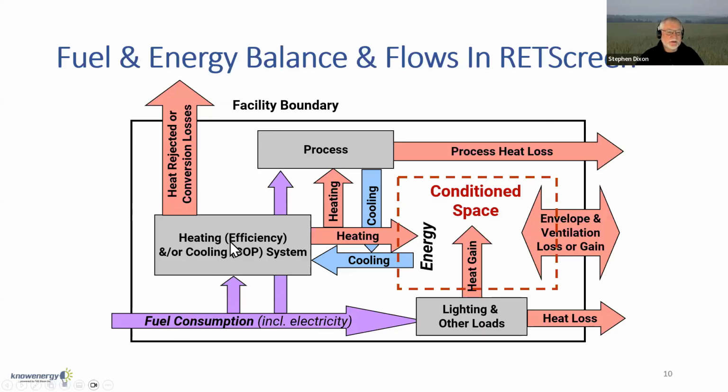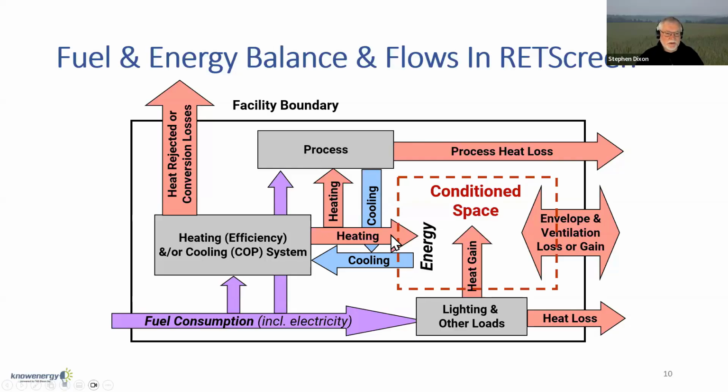The heating and cooling systems take the fuel and basically convert it to energy, right? So natural gas fuel is converted to heating energy, which contributes to heat in the conditioned space. The chiller will take electricity as a fuel and convert it to cooling energy or cooling utility, which then cools our conditioned space. Now, we can set aside the process loads and those kinds of things. We're not dealing with those today, but they do interact here.